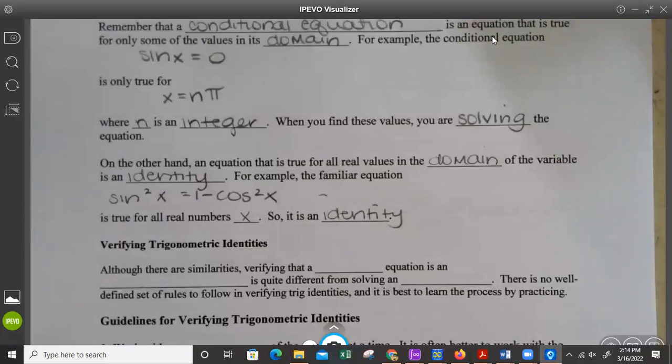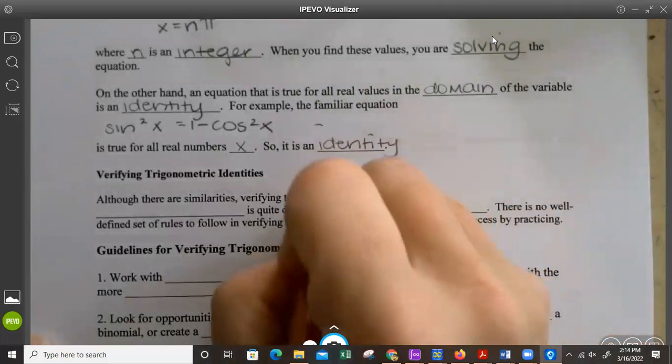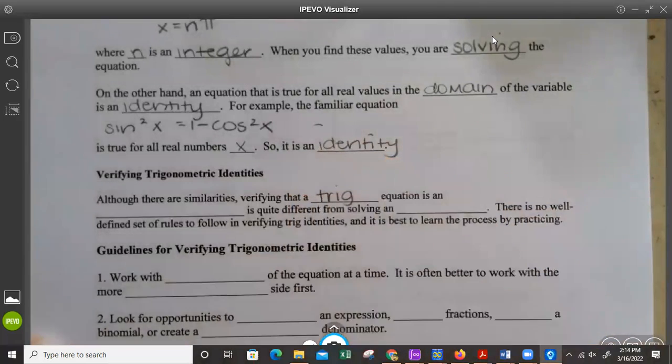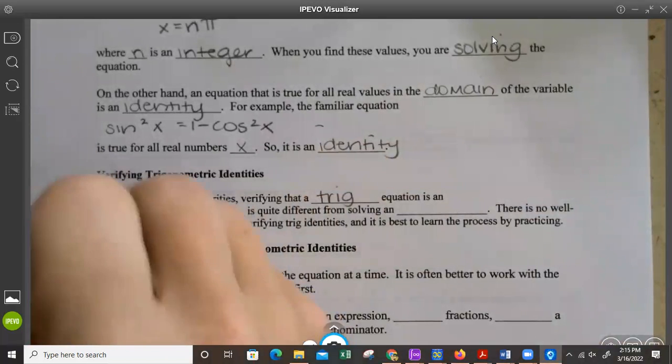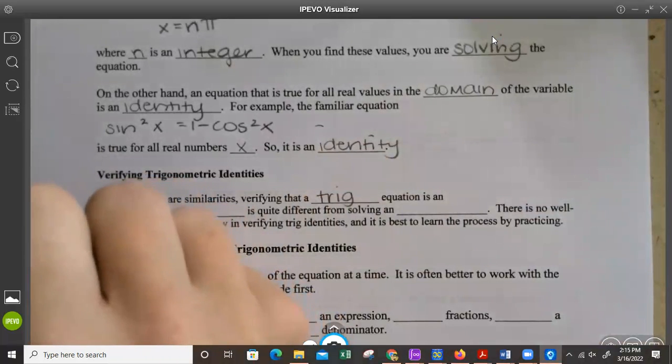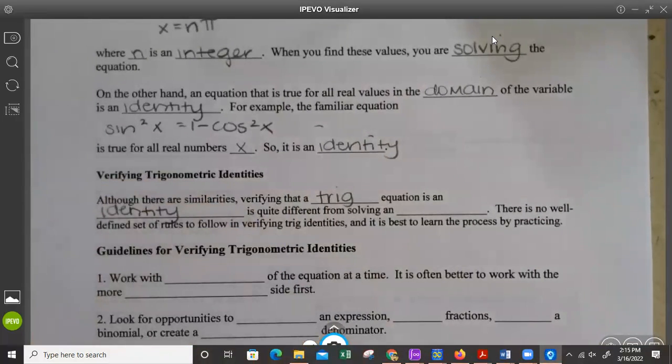All right. Verifying trig identities. Although there are similarities, verifying a trig equation is an identity is quite different from solving an equation.